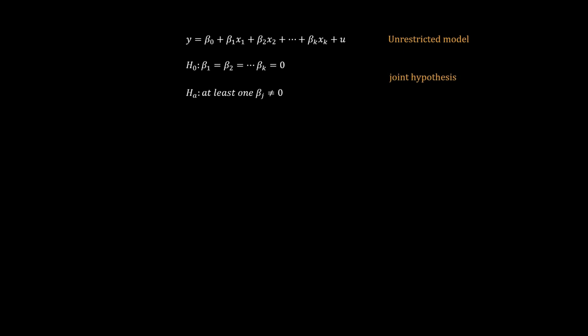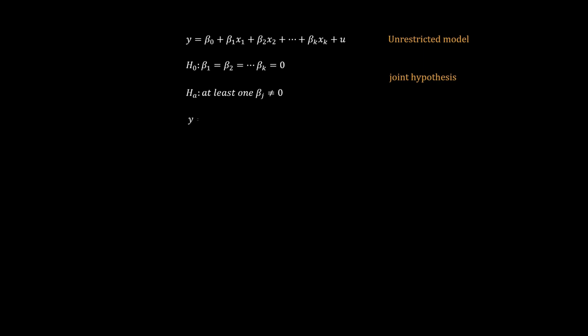We can also use the F-test to test the significance of the whole model. If the model is good, then at least one beta coefficient on a regressor should be non-zero. So the null hypothesis would be that all beta coefficients for all regressors are 0.